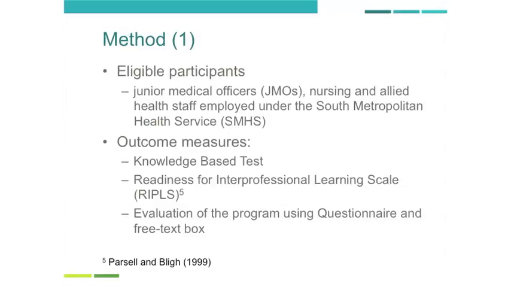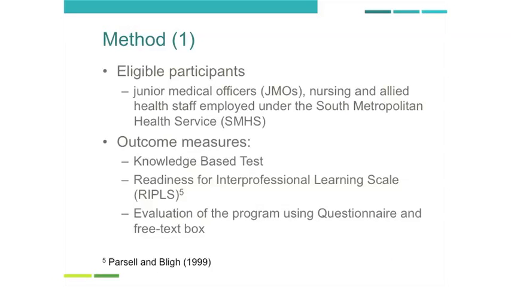So in our study, the eligible participants are all junior medical officers, nursing and allied health staff employed within the South Metropolitan Health Service. The outcome measures that we looked at is a knowledge-based test, and I'll go through in a bit of detail in terms of what that consists of. We also use the Readiness for Interprofessional Learning scale as a measure of the readiness for interprofessional learning.